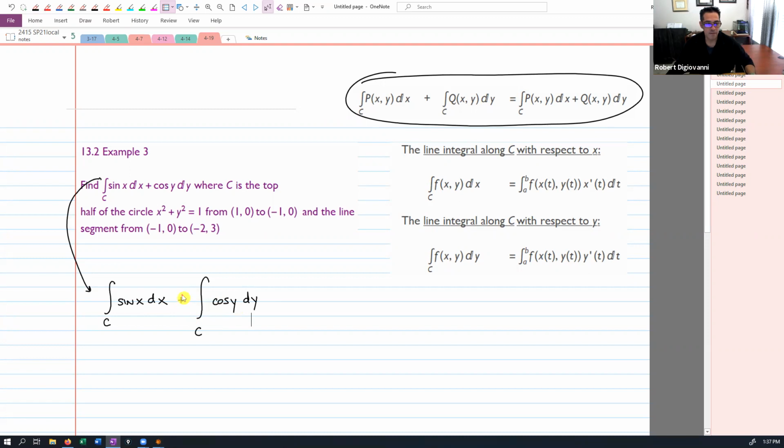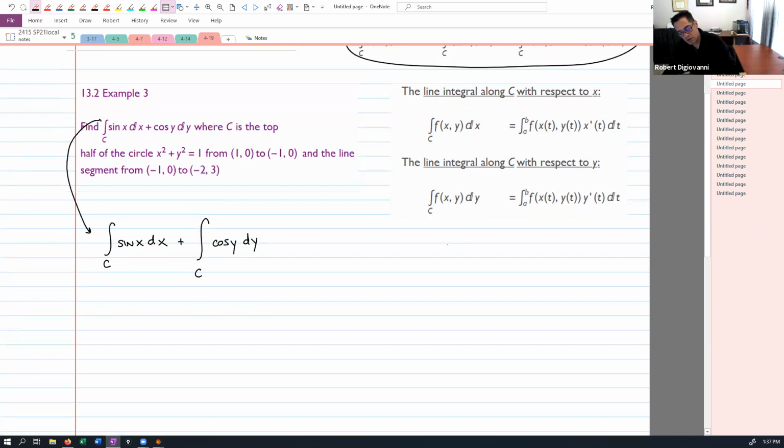That's what we need to do. Now, C is the top half of the circle, x squared plus y squared equals 1, from the point 1, 0 to the point -1, 0, and the line segment from -1, 0 to -2, 3.